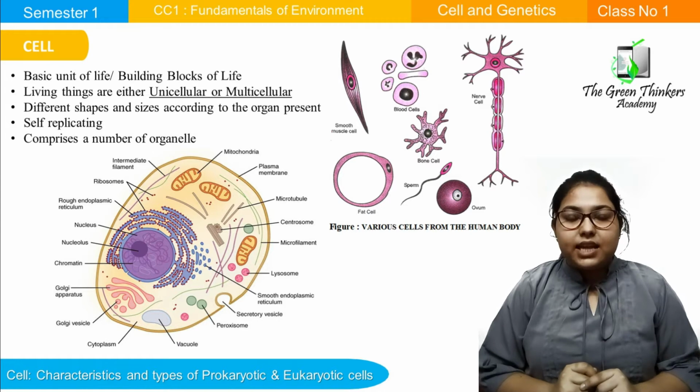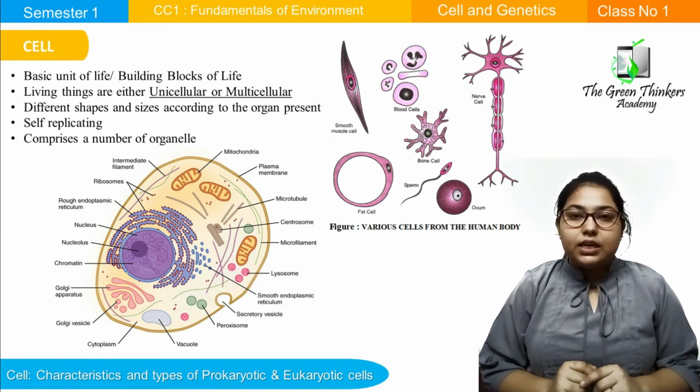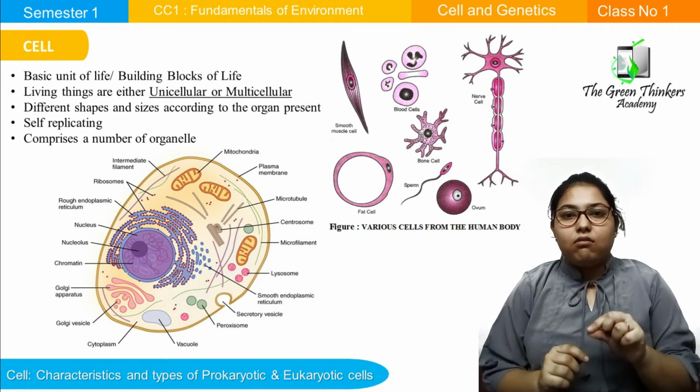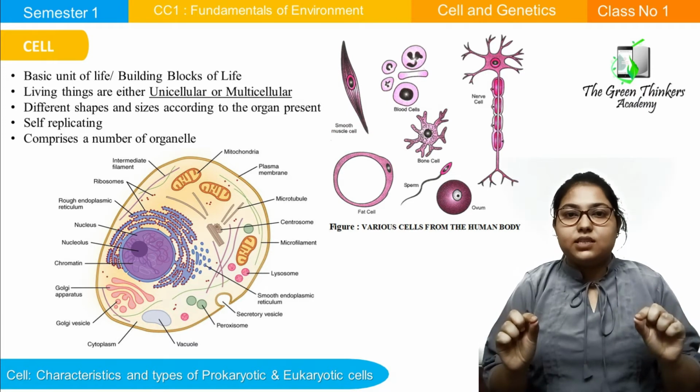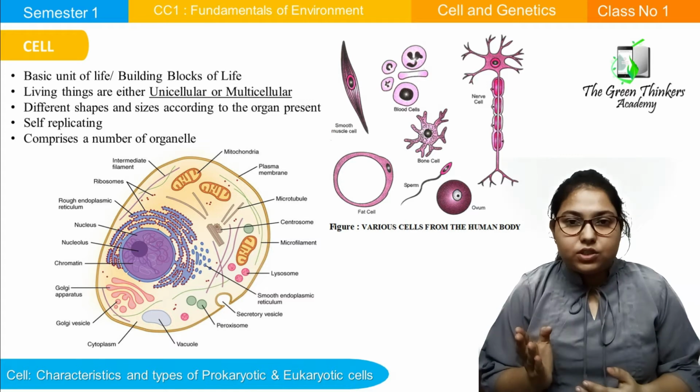Now the cells can be of different shapes and sizes. It can be oval, it can be elongated, it can be like long structures as present in the nerve cells. So here are some examples on the screen.